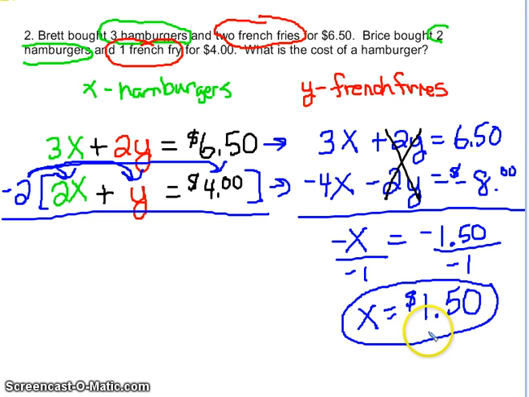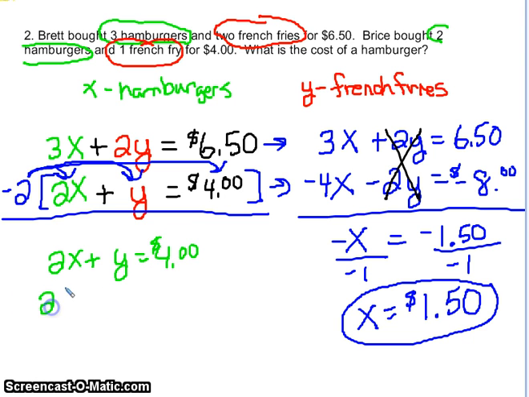And for those of you who just really want to impress me, if you go to your second equation, I would choose that one because there's only 1 French fry. It's $4. We can say 2 times that $1.50 plus the French fry price equals $4. 2 times $1.50, most of us should know, is 3.